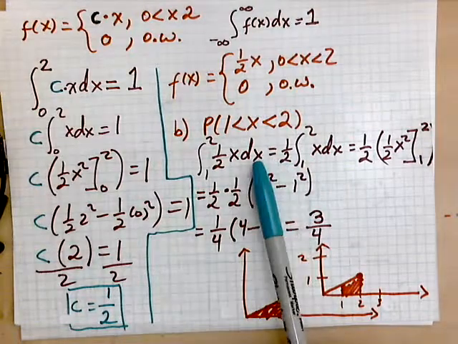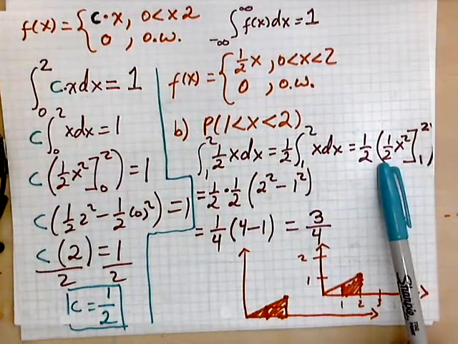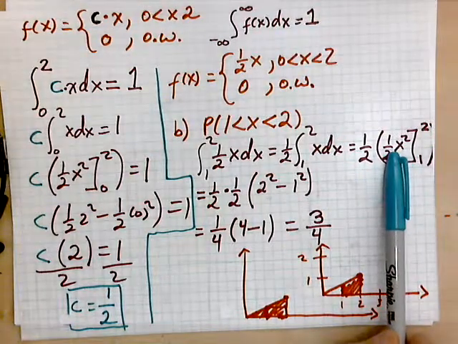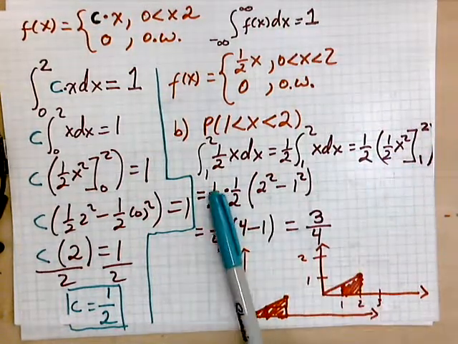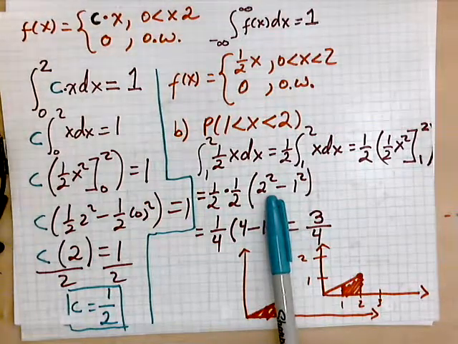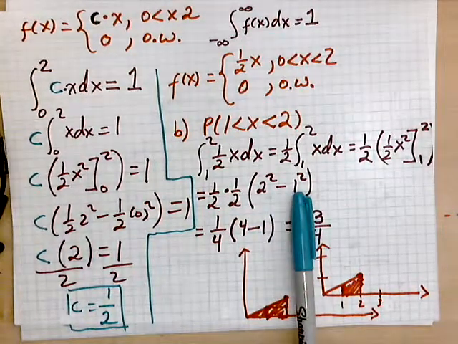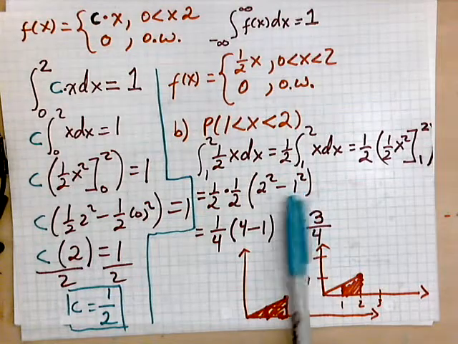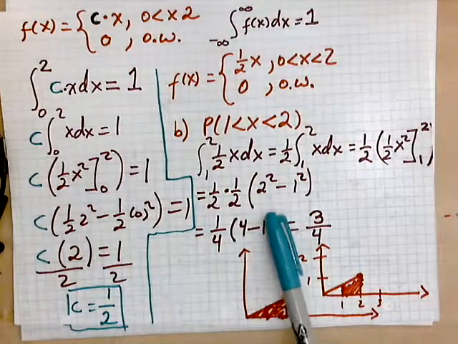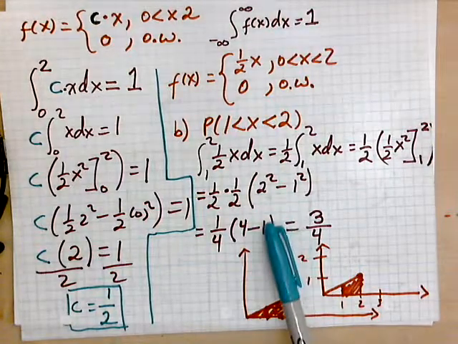So you pull the 1/2 out, apply the power rule. The second 1/2, where the pen is pointing, pull that out also, so it gives you 1/2 times 1/2. Replace the upper limit of integration, so it's 2 squared. Replace the lower limit of integration, so it's 1 squared. Now you have 1/2 times 1/2, which is 1/4. 2 squared is 4, 1 squared is 1.